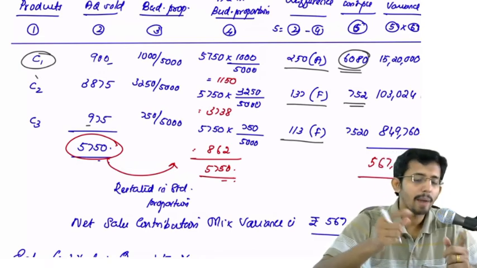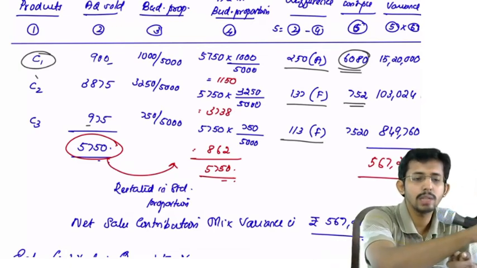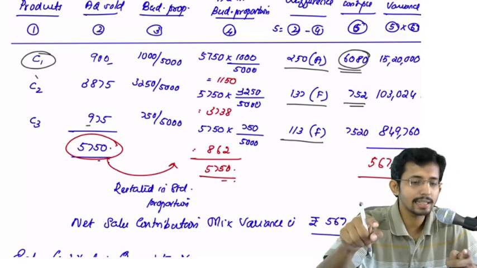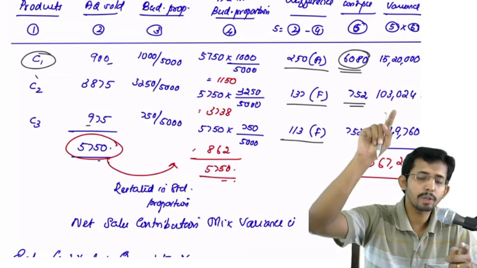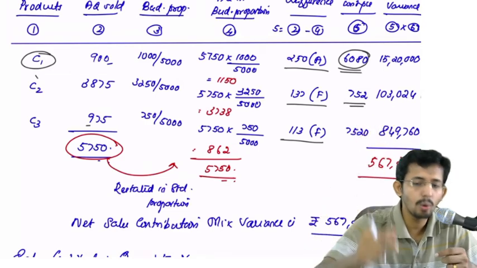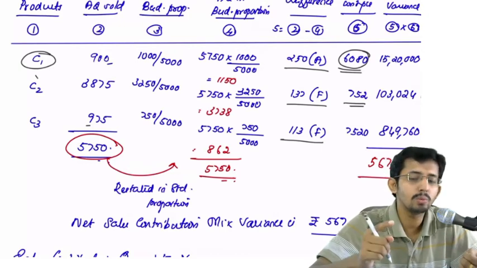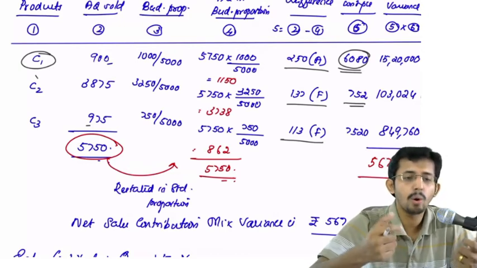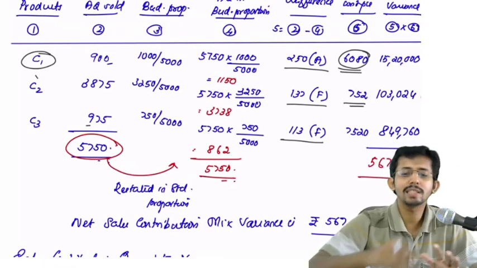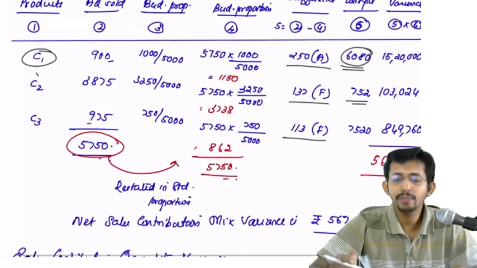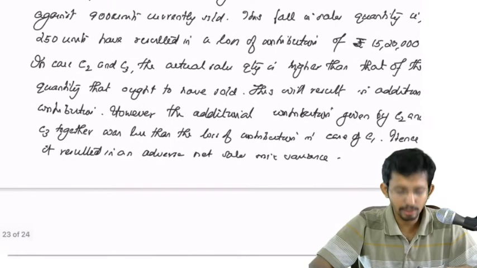So the shortfall in sales of C1 was offset by the additional sales in C2, but C1 is a high contribution yielding product, whereas C2 is a low contribution yielding product, and the additional contribution from C2 was not able to recoup the loss of contribution in C1, due to which it resulted in a net negative variance or adverse variance. Okay, so that is what actually happened.